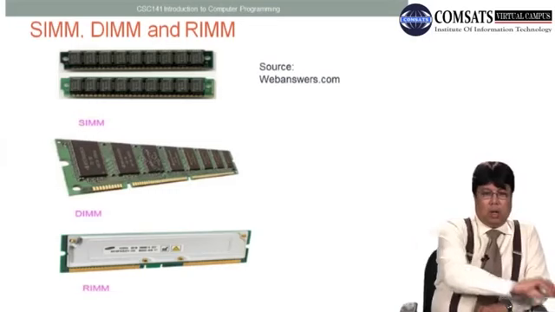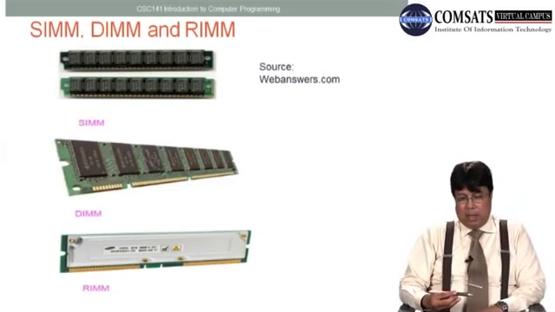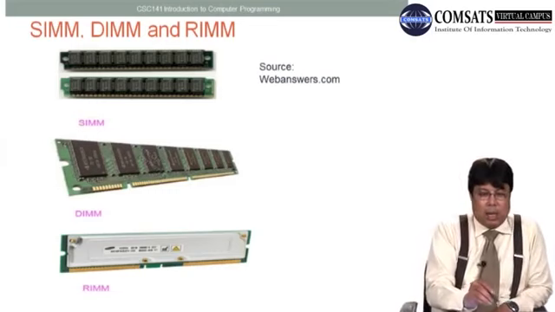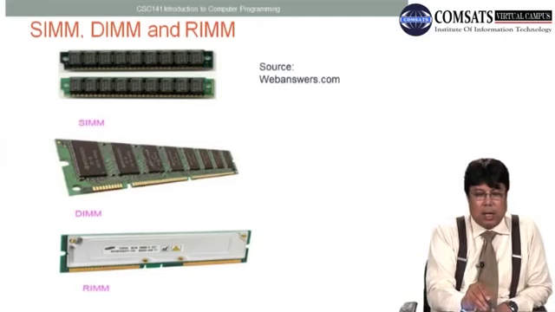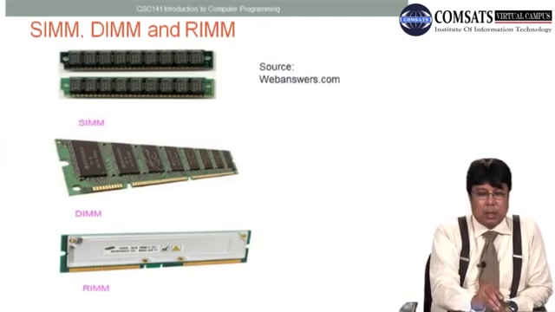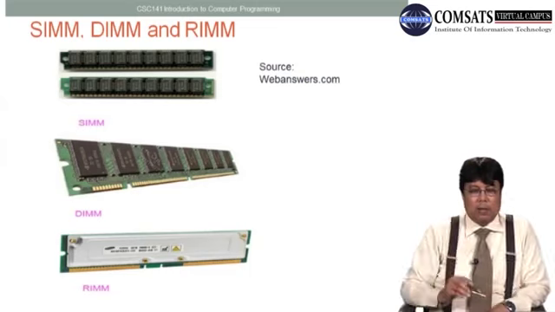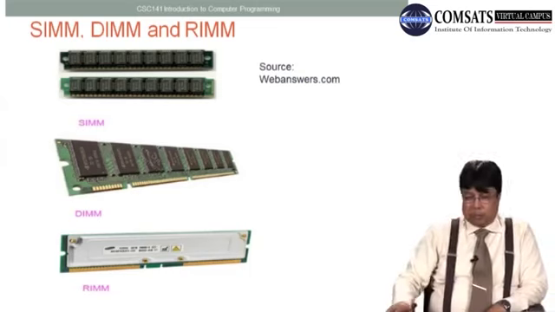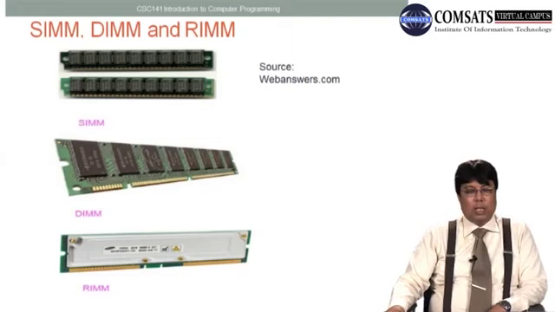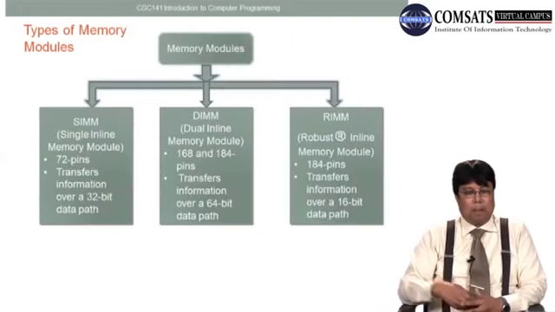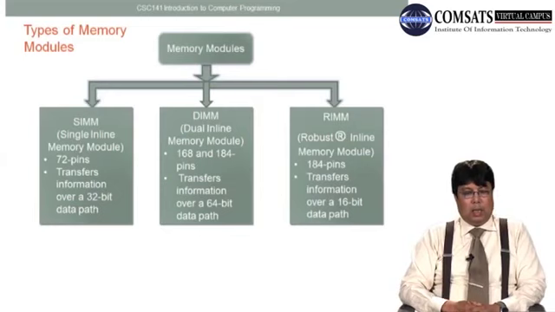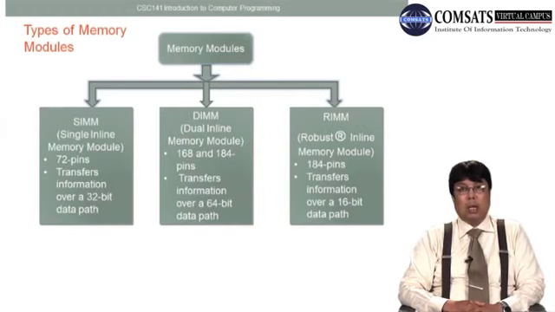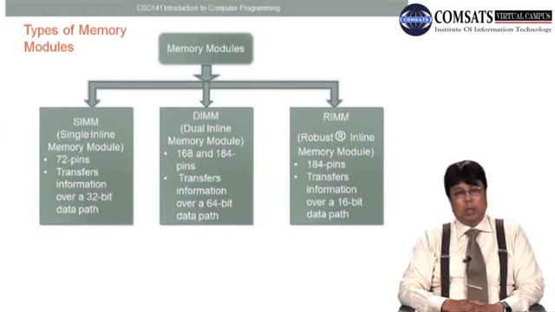On the top of our slide you can see a SIMM, and these are the pins. So these are 72 pins, and for these 72 pins the data is transferred over a channel, over a bus, which is a 32-bit data path, a 32-bit bus.